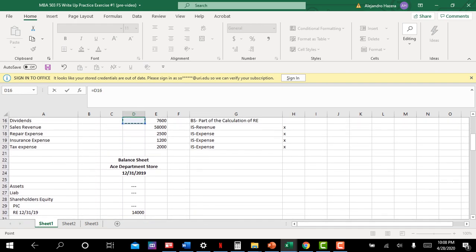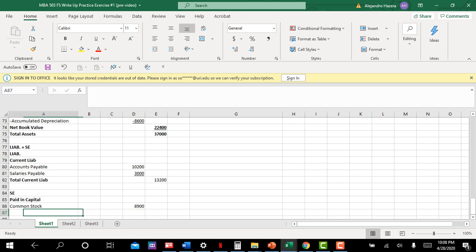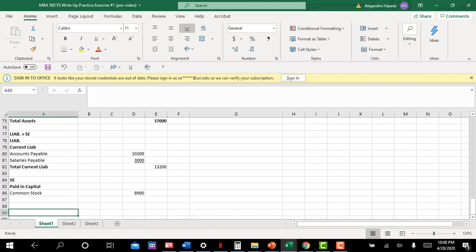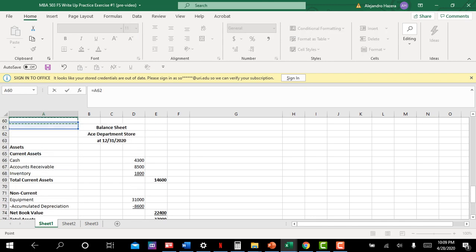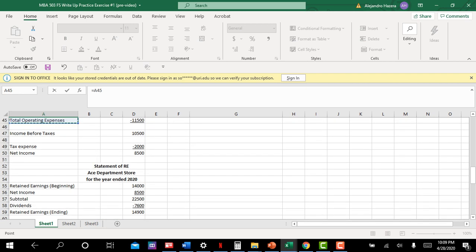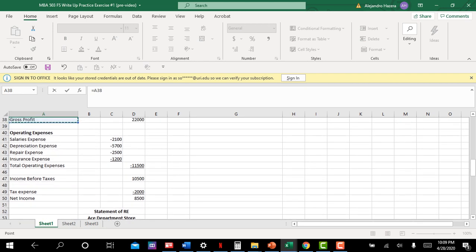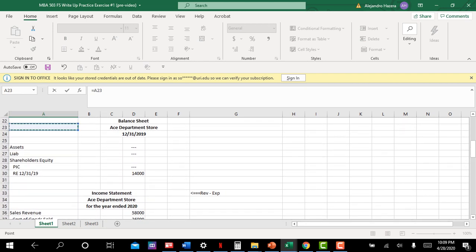Common stock should be 8,900 somewhere. 8,900, that's good. Okay, and the second category of shareholders equity is retained earnings. Paid in capital is money you get, like I said before, when you issue stock. Retained earnings comes from earnings that the company retains, which officially, theoretically belong to the shareholders.